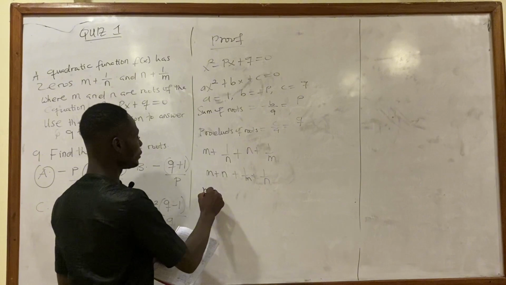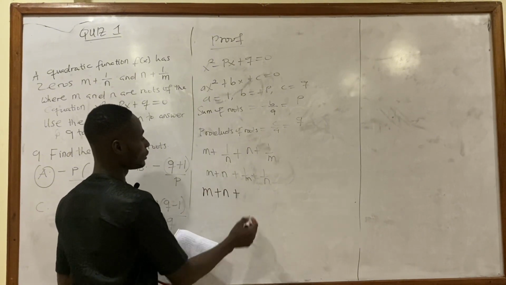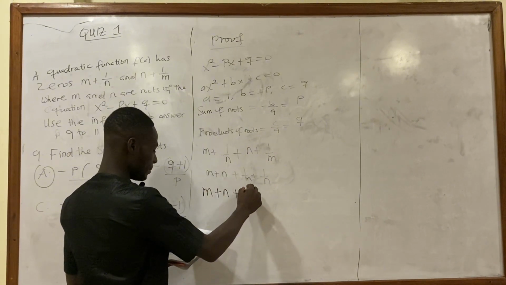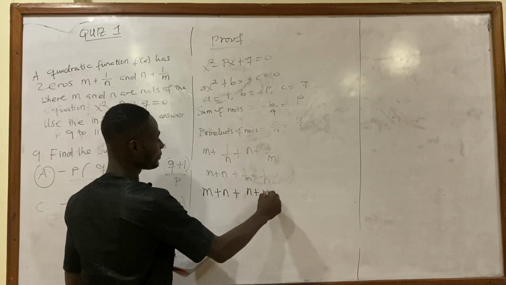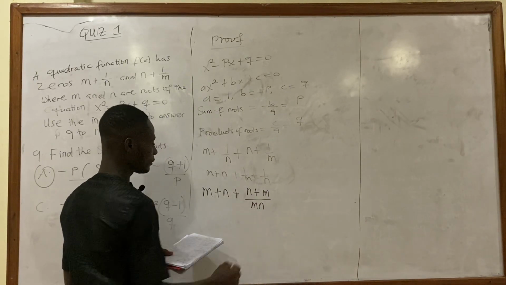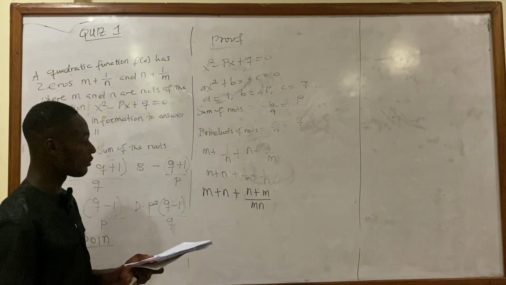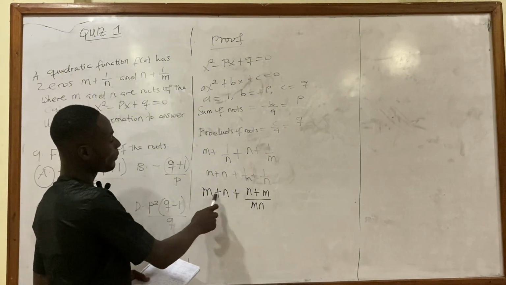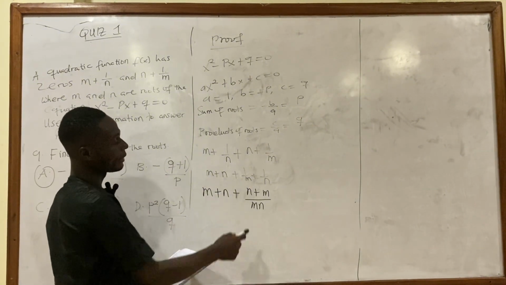So we do this: you have n plus m over mn.